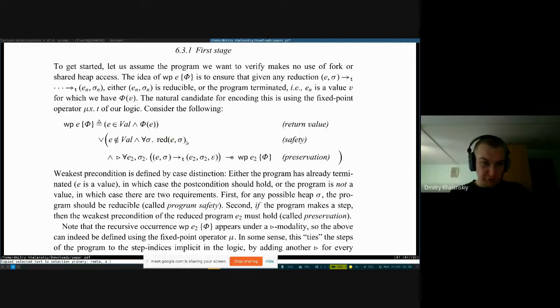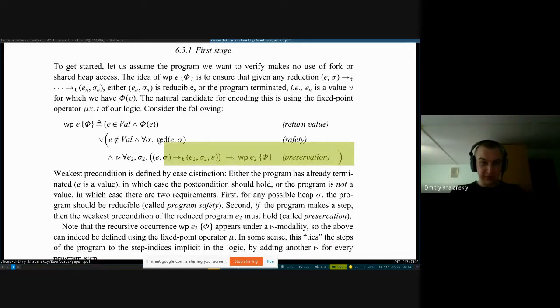If it can be reduced, and if the program E using the heap sigma reduces to another program E2 with the heap sigma 2, and we'll ignore the forked off threads for now, then it will be sufficient to show that the weakest precondition for the program that this one reduced to with the same postcondition also holds.